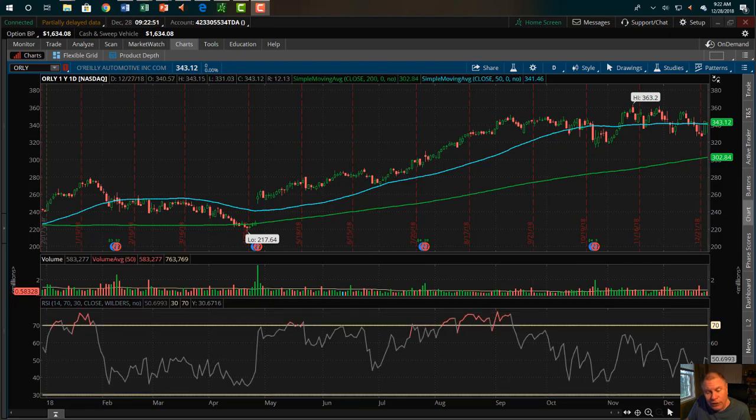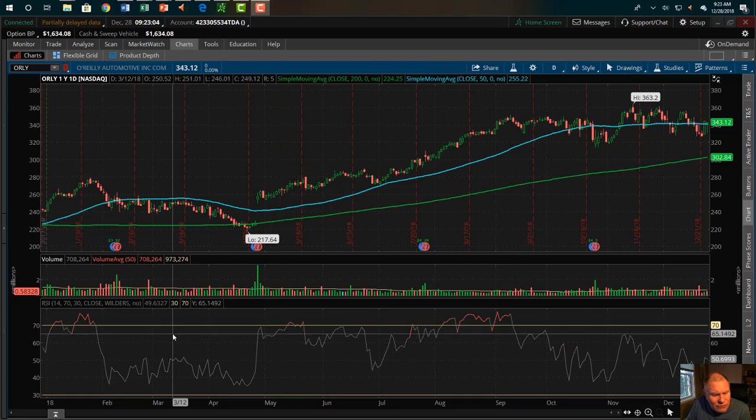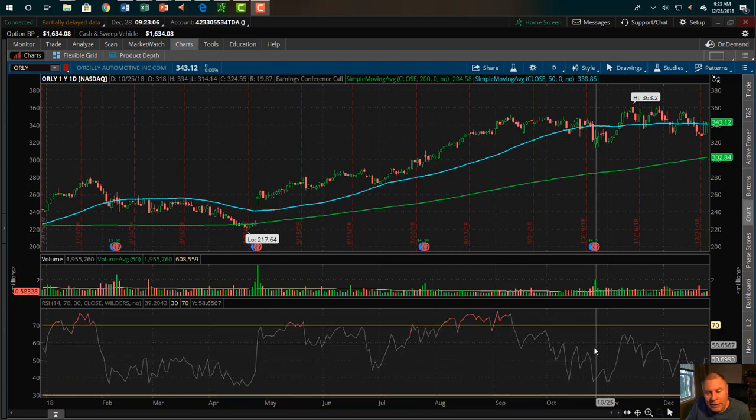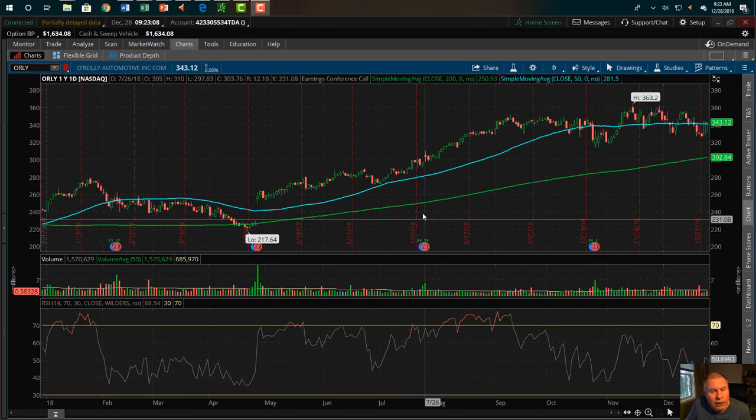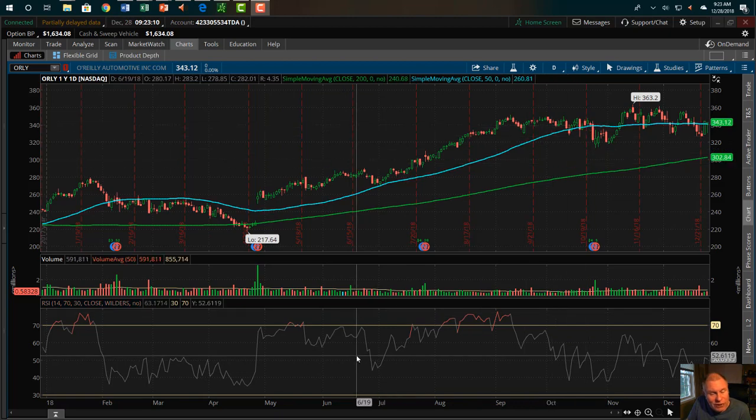If it's below 30, it may be a buy point. Okay, so it's a momentum. It's the rate or the velocity of the rise or the fall. And we can see that over the past year it's been in what we'll call a normal range. It's a nice smooth slope. The velocity isn't too fast or too slow.